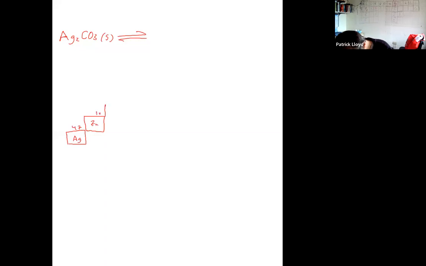And then you have aluminum, element 13. It makes a little staircase. This one's +3, this one's +2, and this one's +1. It's a cool pattern: AZA, aluminum, zinc, and silver, +3, +2, +1. So that means the silver is +1, but there's 2 of them, so the carbonate's got to be -2.